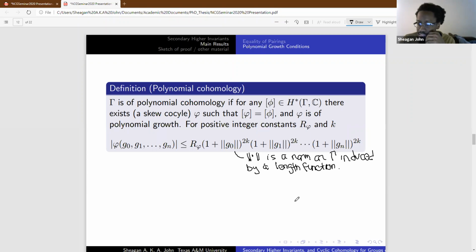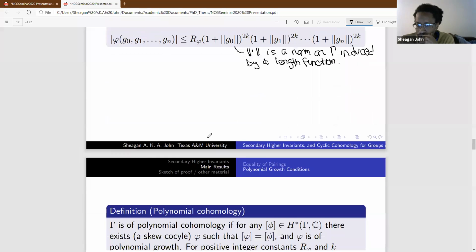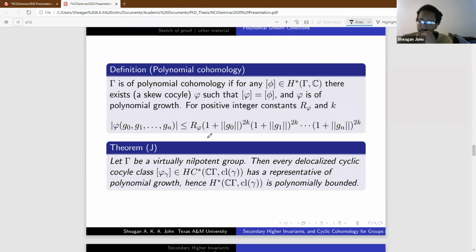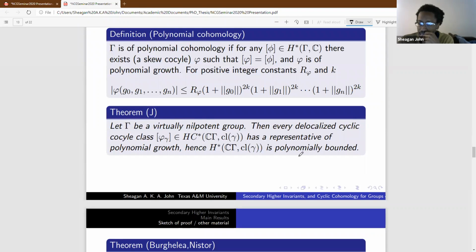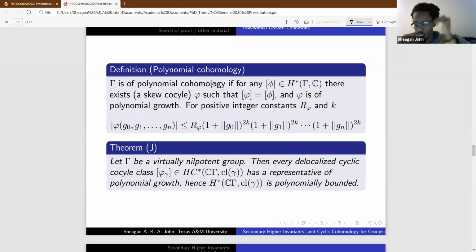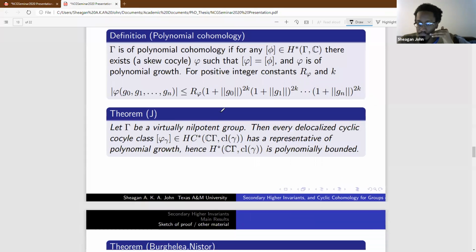And we don't really care about which length function, since we have a nice quasi-isometry property. Okay, so that allows us to generalize this notion of polynomial cohomology to polynomially bounded.